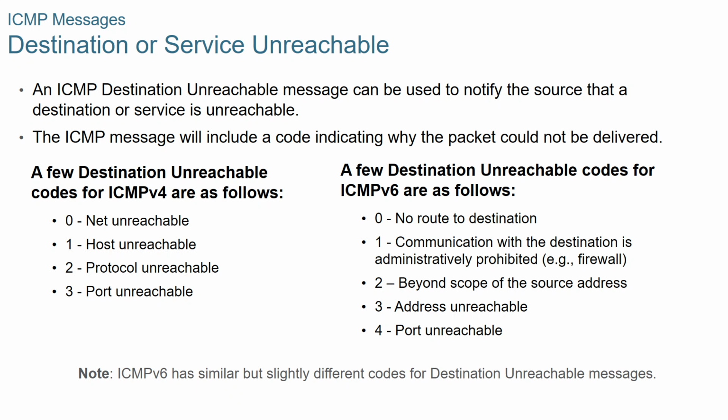Some improvements and changes were made when IP version 4 was redesigned as IP version 6. These particular codes indicate various information back if there is a problem with the end-to-end connectivity, where either the service or destination is unreachable.